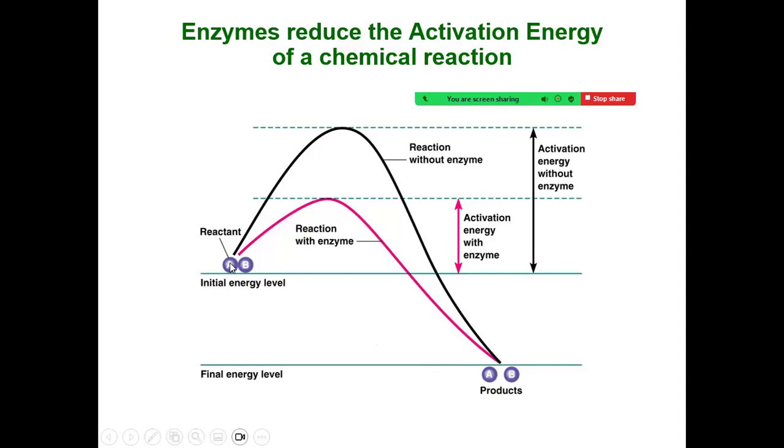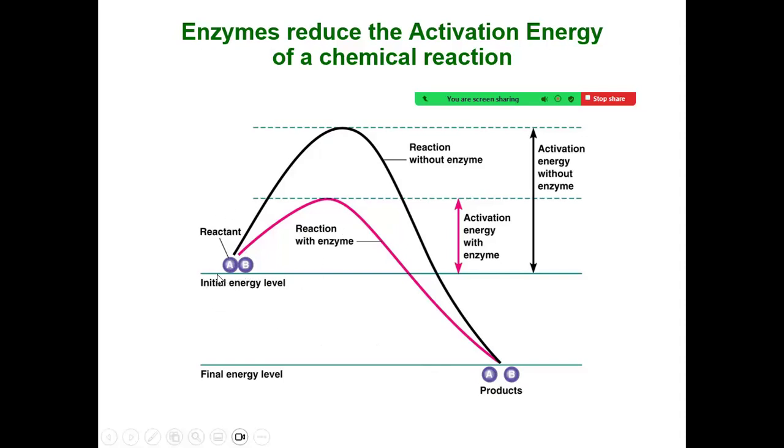That's because the glucose has to get over this energy hump, which is a tremendous amount of energy, before it will make the products, in this case water and CO2. But we could get it to happen.